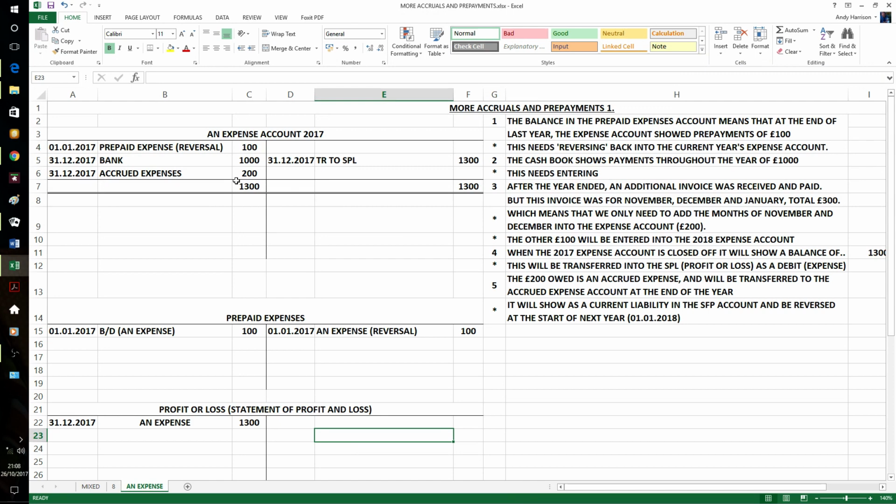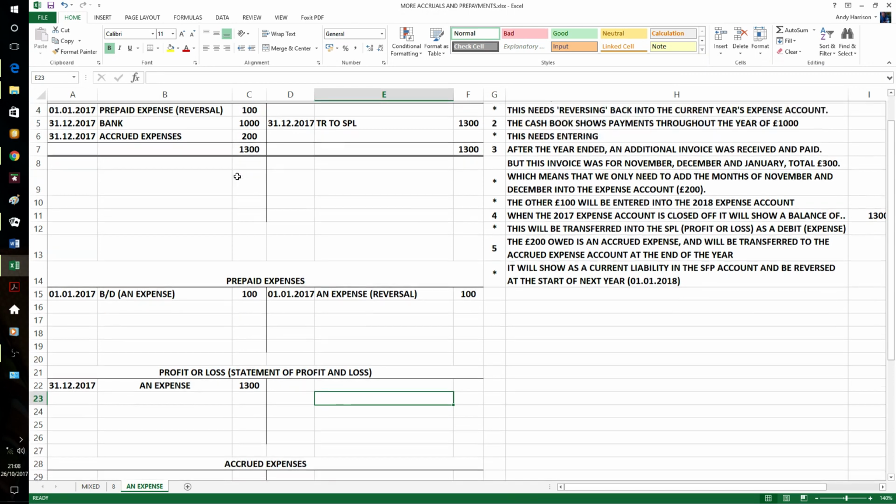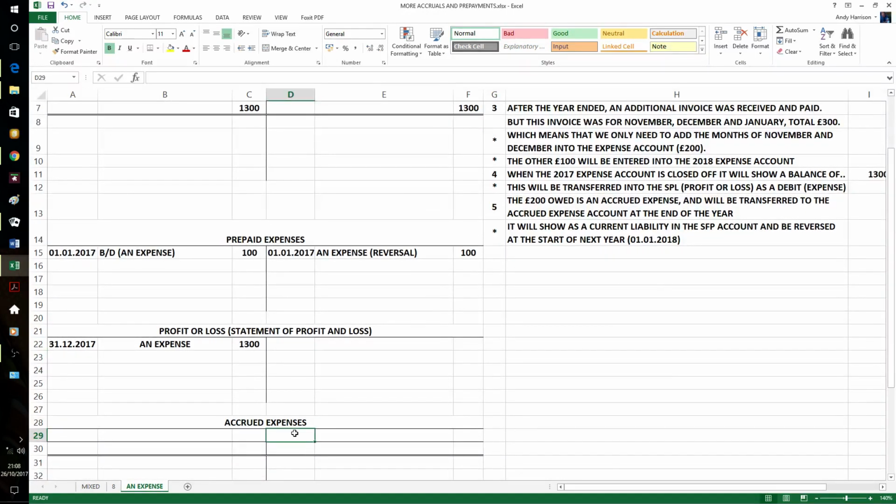But we've got to deal with the fact that we've actually put this £200 in. It's an accrual. And that will sit as a current liability in our statement of financial position. And then that would be, naturally, not everybody bothers to show this because it's simply going to be carried down.